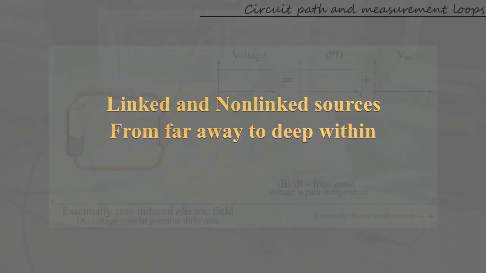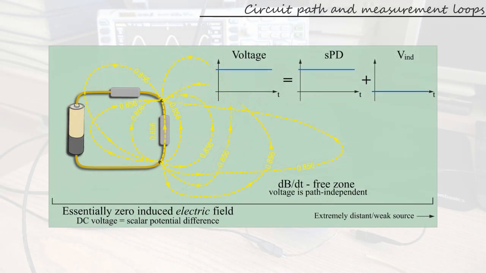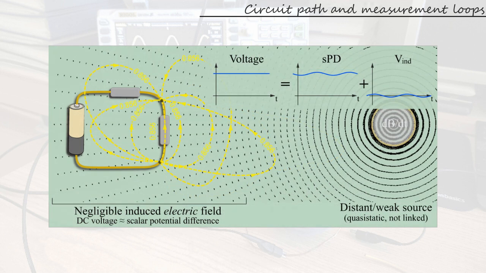It is trivial to find measurement loops that do not link any magnetic induction dB/dt when the circuit is reasonably far away from any perceivable variable magnetic field source. For example, this is a circuit where all voltages are path independent, so that we can think of voltage as a quantity defined across two points, even when the source happens to be closer to the circuit.